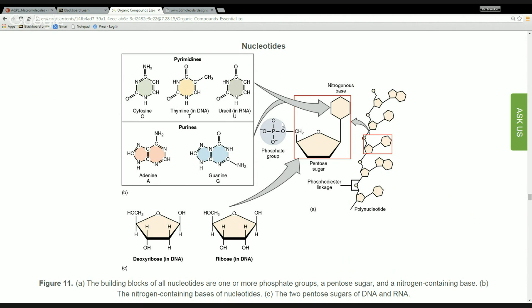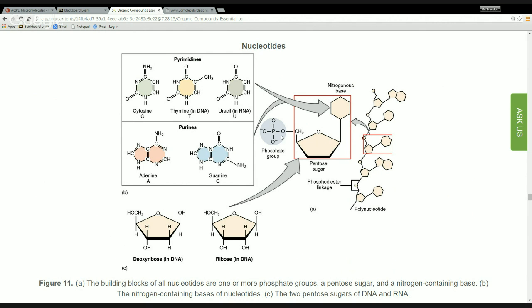And then that's connected to a phosphate group, which we see here. I said if I had time, I'd show you a phosphate group. This is one, and there's another picture coming up with a few more. But it's a phosphorus with some oxygens attached to it, which is then attached to the sugar.